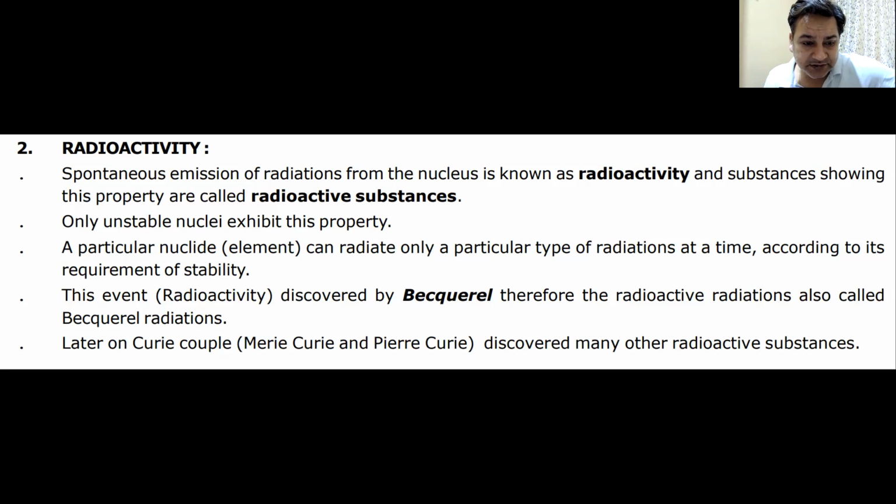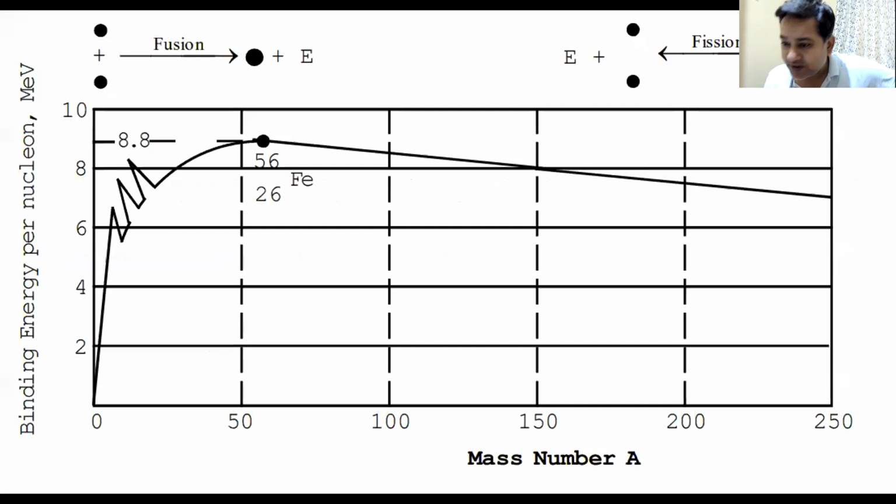You must understand, and I'm going to show a diagram from the next topic, that in the nucleus of an atom there is a strong nuclear force trying to hold the nucleus together, and the repulsive electrostatic forces are trying to break it apart. Yes or no? Yes, sir.